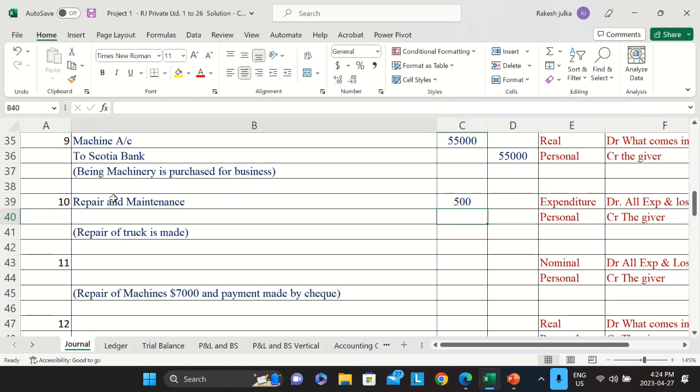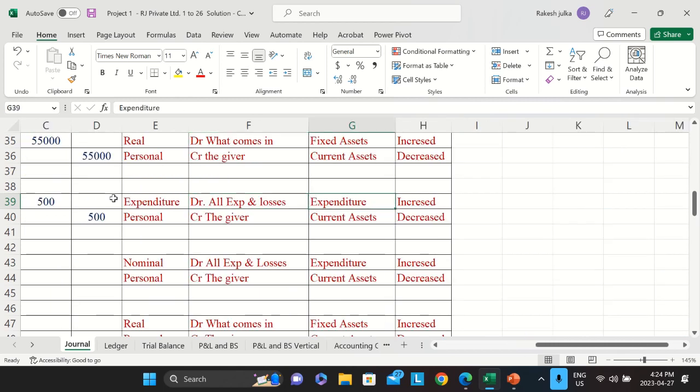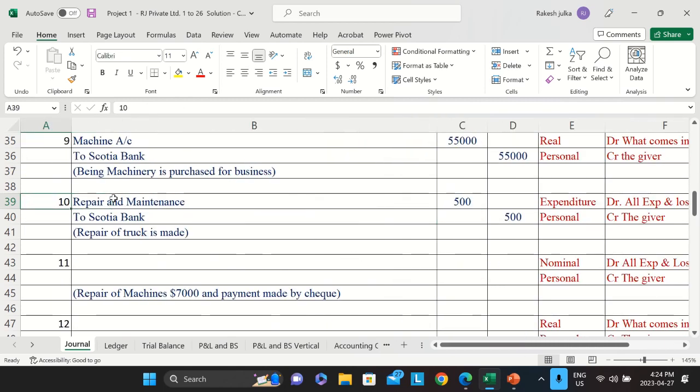And how has the company paid? So the company paid this by check, so to Scotia Bank. So $500 will be on the debit side and 500 on the credit side. So the repair and maintenance is an expenditure of the company, and all expenses and losses are debit, and these expenses are increasing. And Scotia Bank is a personal account.